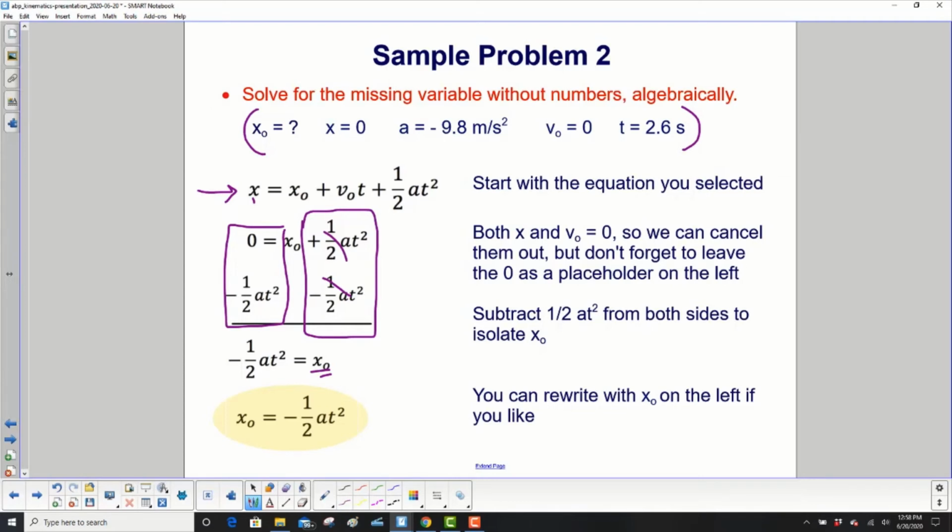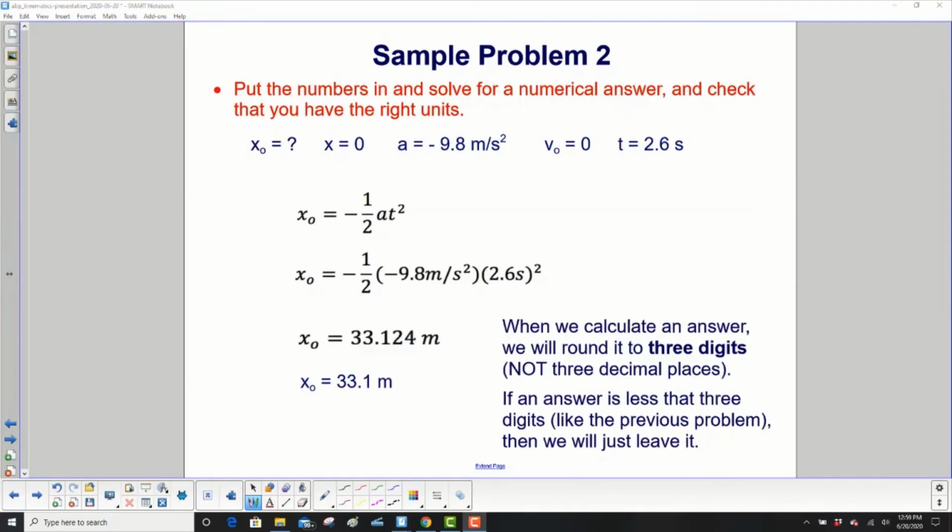We're solving for x0, so we're going to switch the equation around. It's just like saying, let's see, 1 plus 1 equals 2. Well, you can switch that to be 2 equals 1 plus 1. So we just do that here with the letters. So here's the equation. Notice we haven't plugged anything in yet, no numerical values. We could have done this for any acceleration, any time.